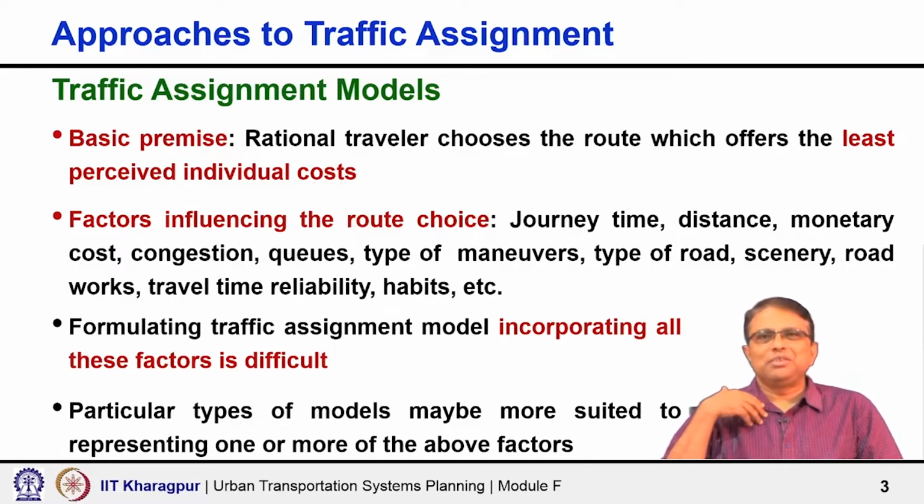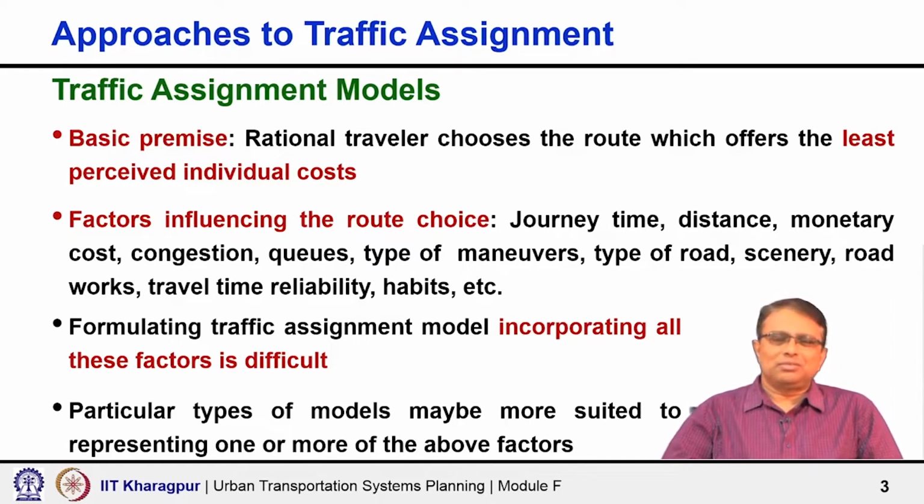I may consider travel time, you may consider travel cost. My idea of the travel time and your idea of the travel time again could be very different, right. So, formulating a traffic assignment model incorporating all such factors is really difficult.